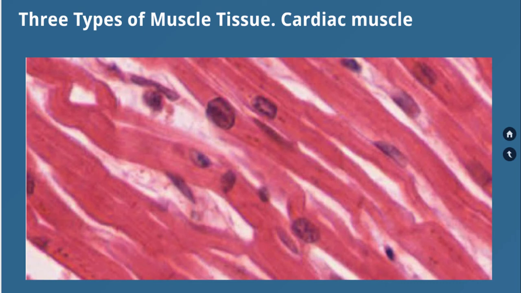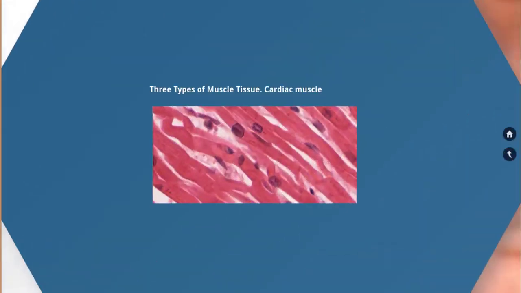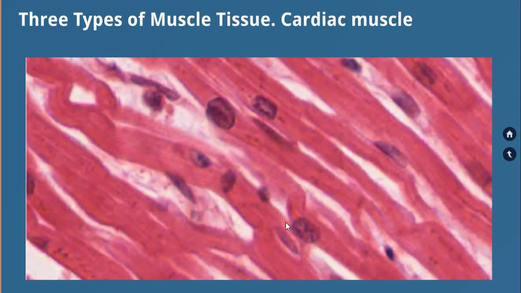is cardiac muscle. Here you can see cardiac muscle fibers, each having one to two nuclei, purple color, and are physically and electrically connected to each other so that the entire heart contracts as one unit called a syncytium.